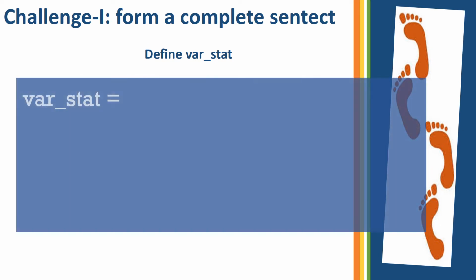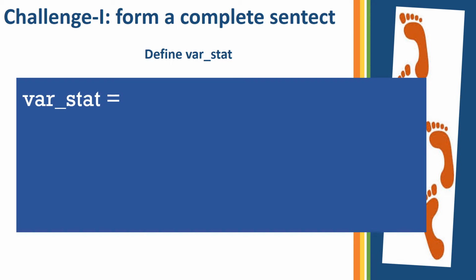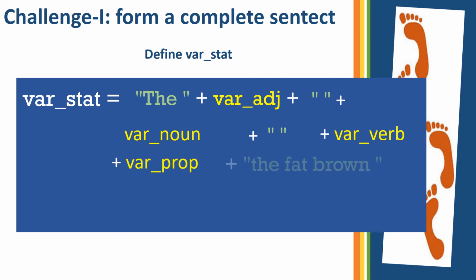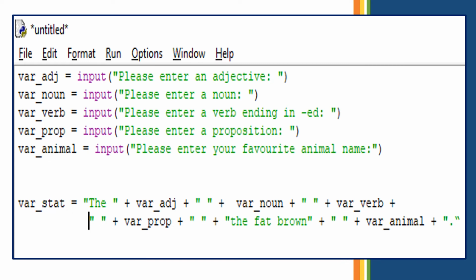The statement will be var_sent equals "The" between the quotations, plus var_adj, plus space in between quotations, var_noun, space in between quotations, plus var_verb, plus var_prep, plus the fat brown statement between two quotations, plus var_animal, plus a dot between two quotations. As a result, our code will be as shown in this slide.